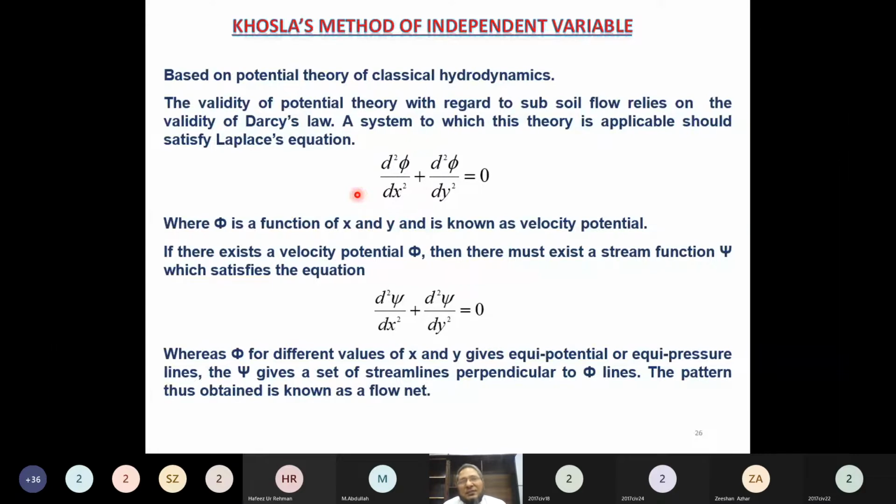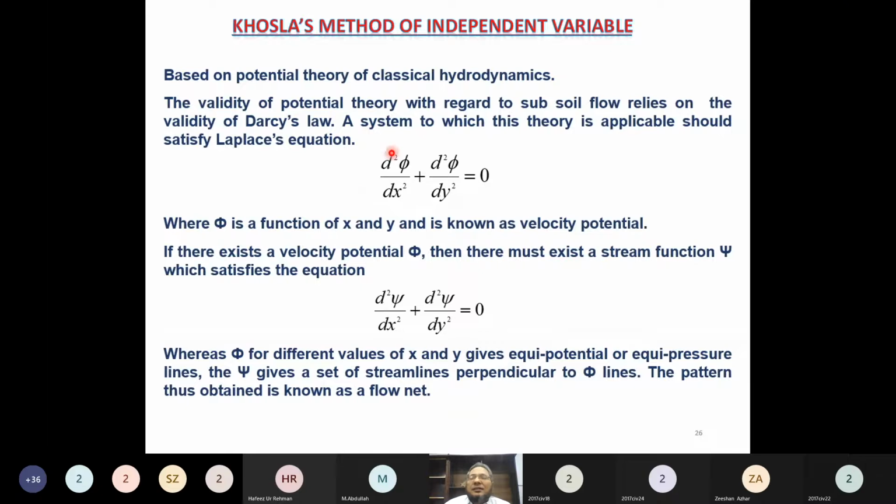Okay, and you know that the flow net has the psi lines and phi lines. So psi lines are the flow lines, the stream lines, and the phi lines are the equipotential lines, which we have seen in the very beginning. We have seen many flow nets, and those lines represent the equal pressure heads.